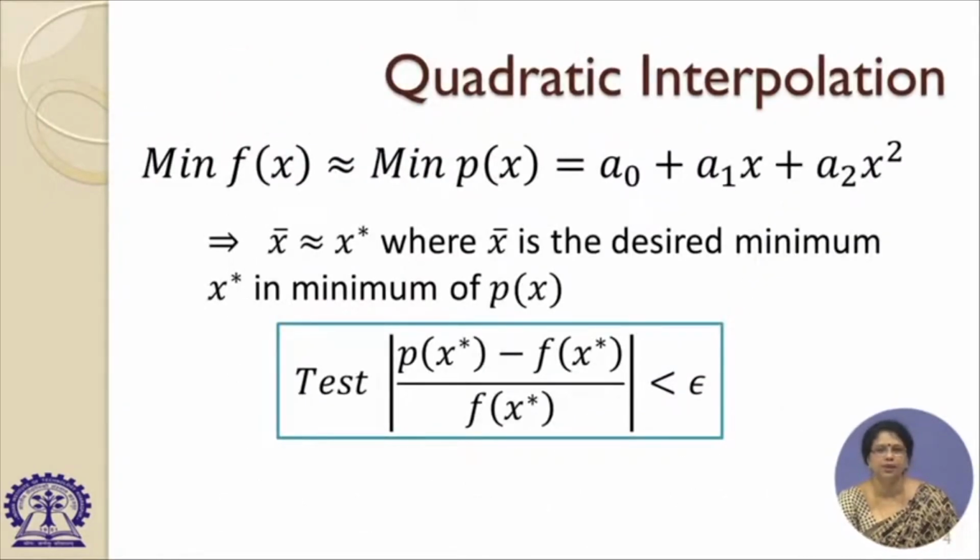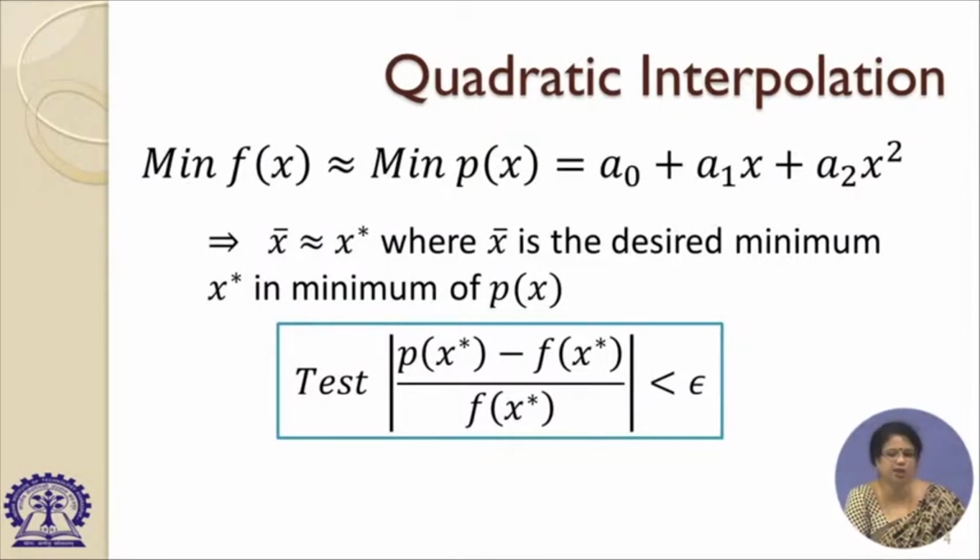Now, in the quadratic interpolation we are interested to determine the values of a0, a1 and a2 such that the minimum of function f(x) must be almost the same as the minimum of P(x). P(x) is the fitted polynomial. If x bar is our desired minimum, then that must be very close to x star, that is the minimum of the fitted polynomial. And how can we test it?